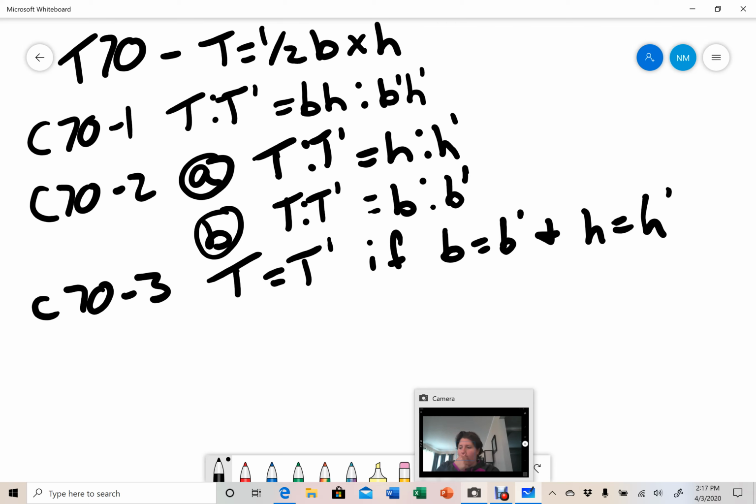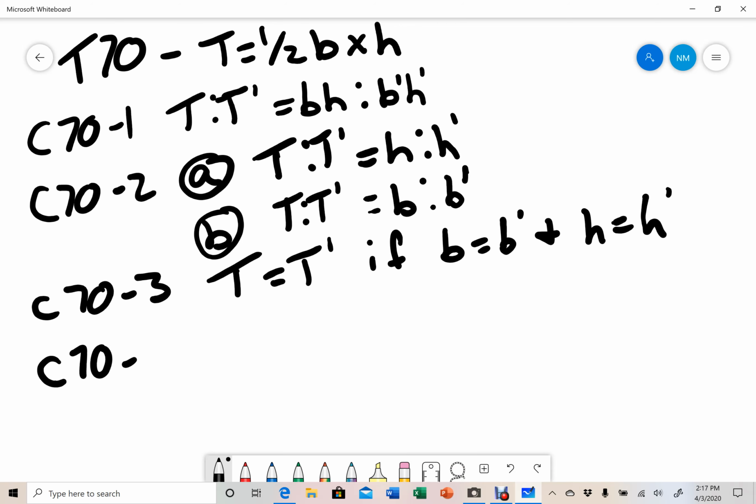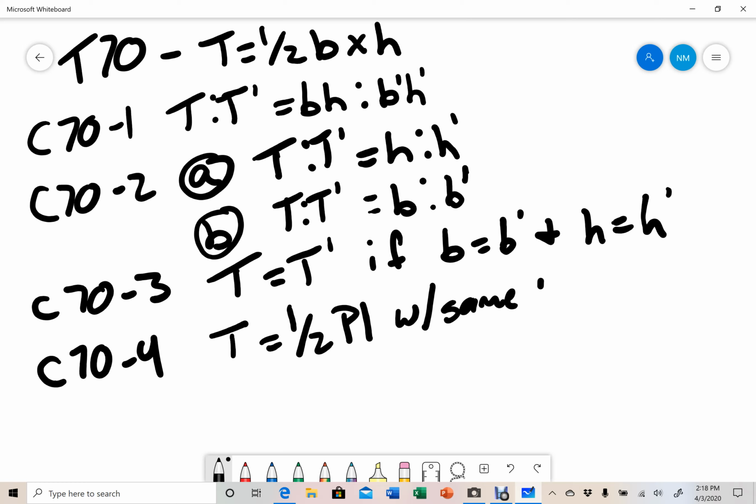There's really no formula for that. I guess we can say corollary 70-4, our triangle is equal to 1/2 parallelogram having the same base and height.